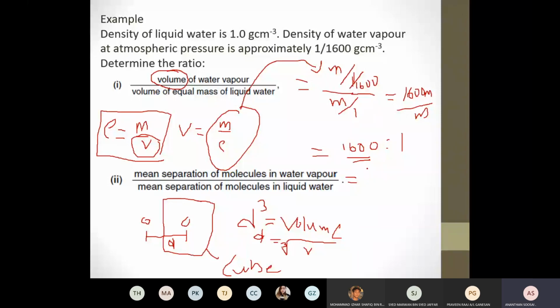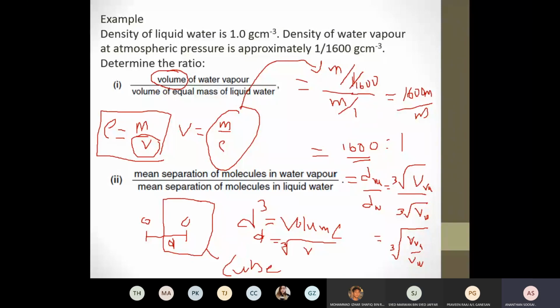So here we are looking for D of the vapor over D of the water, which equals the cube root of the volume of the vapor over the cube root of the volume of the water. So this we can combine: the cube root of the volume of vapor over the volume of water.